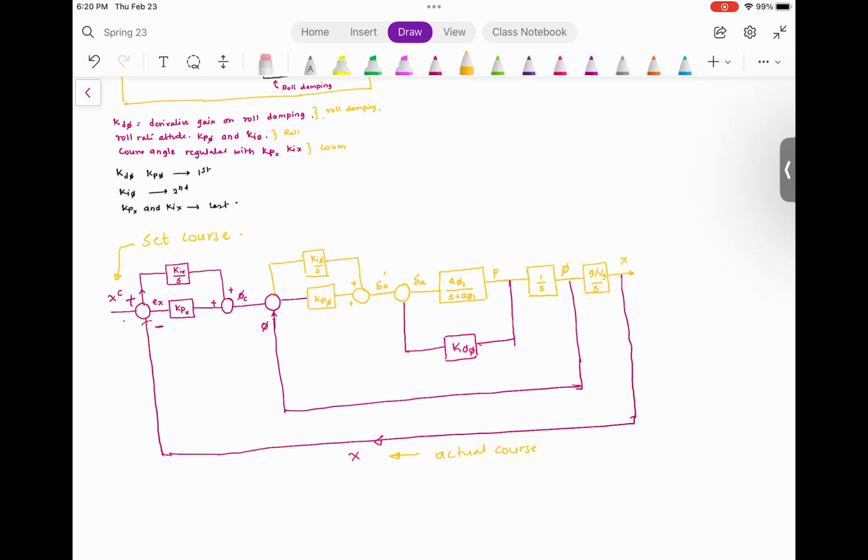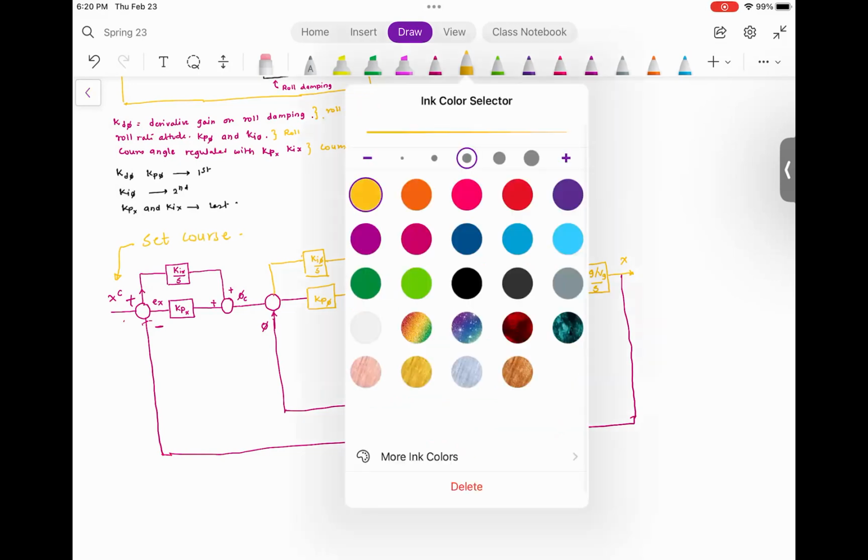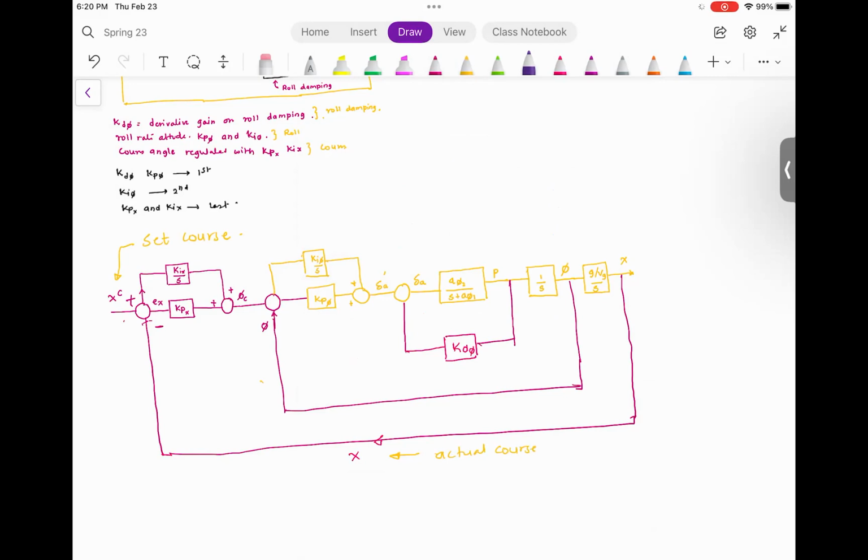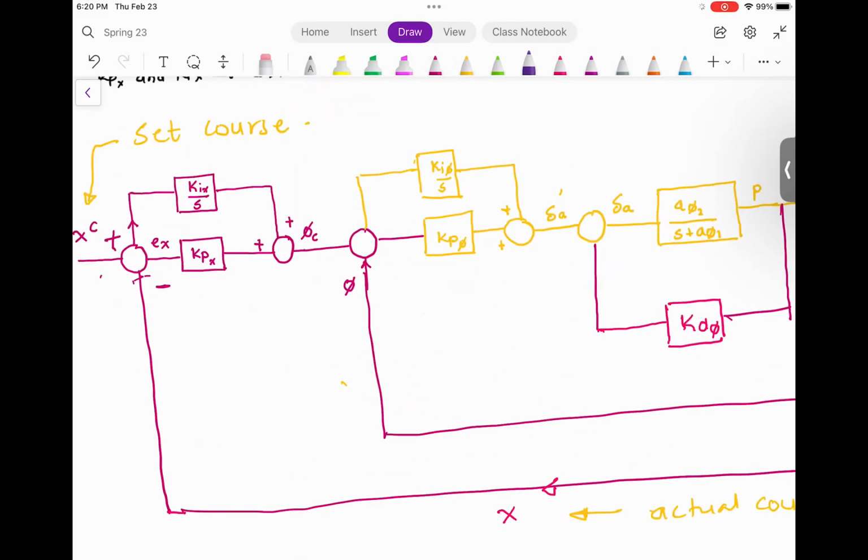And here we get the error term. E is nothing but the actual course minus the set course. So this error term gets multiplied with KP chi, and this is proportional control that gets fed onto the summing junction.